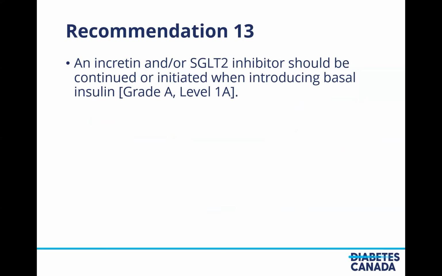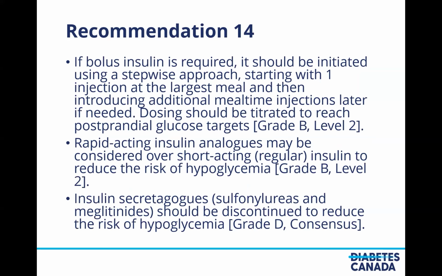In recommendation 13, we also add that an incretin and/or an SGLT2 inhibitor should be continued or initiated when introducing basal insulin. And then finally, for patients who need to move on to bolus insulin, recommendation 14 says if bolus insulin is required, it should be initiated using a stepwise approach, starting with one injection with the largest meal, and then introducing additional mealtime injections later as needed.